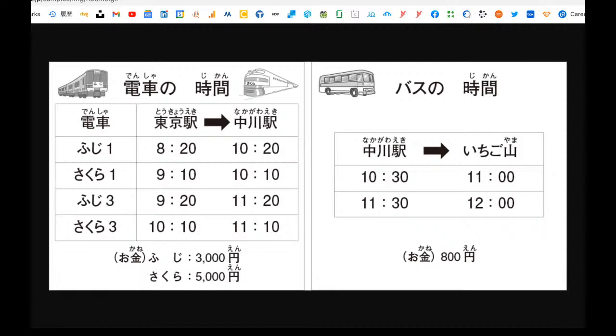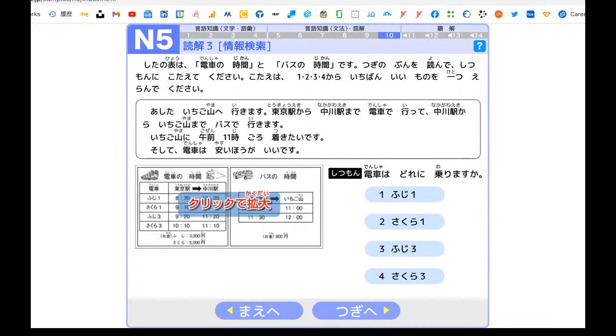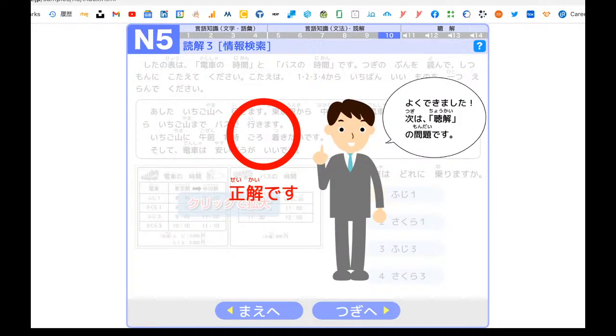So Fuji is 3,000 yen, Sakura is 5,000 yen. So Fuji is cheaper than Sakura. So maybe we want to take Fuji. In that sense, let's go back to the option and here. This is very easy, isn't it?